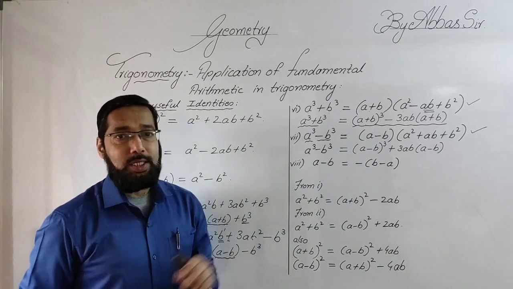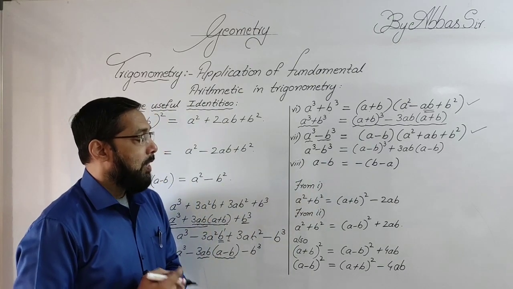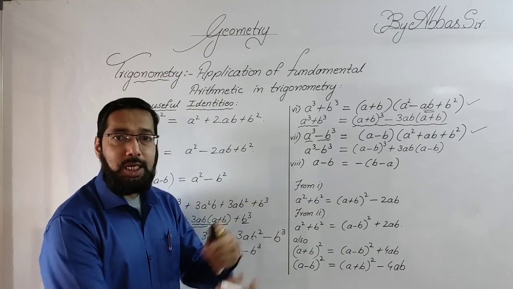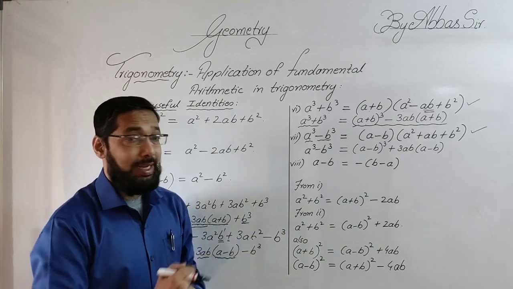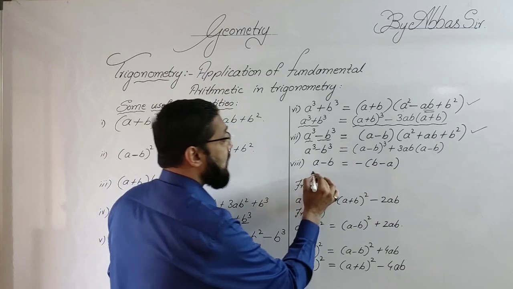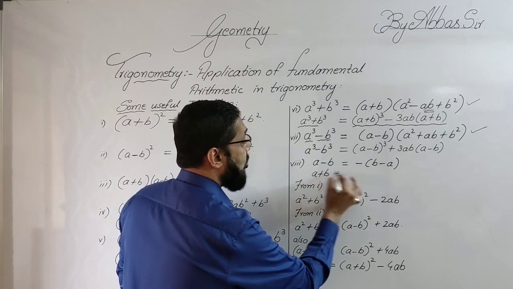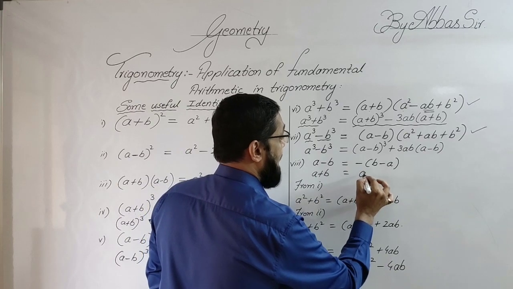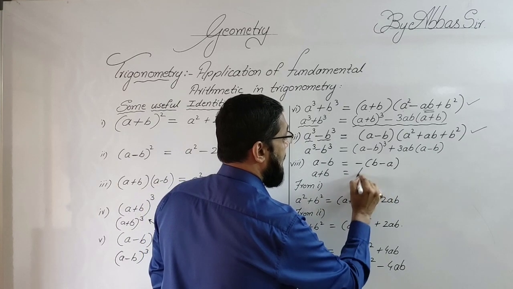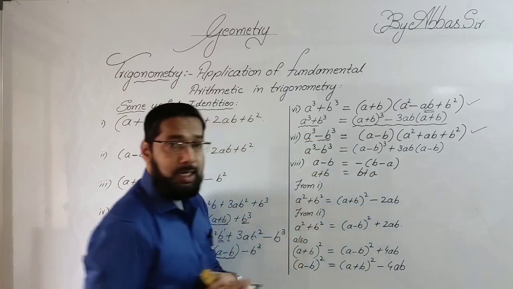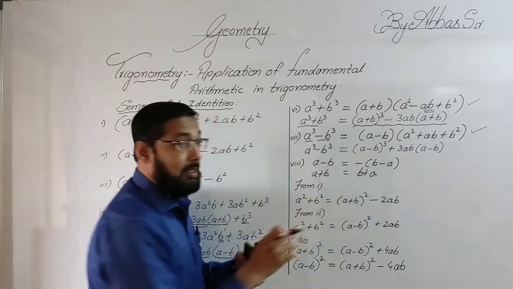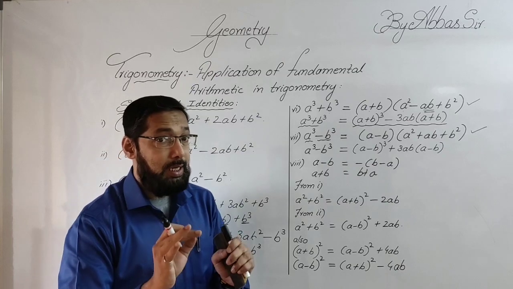Now, another thing you can see over here is how to interchange the terms when we are dealing with minus. Friends, if it is plus, we don't have any problem. You can always write a plus b as b plus a. But I cannot write a minus b as b minus a directly without making any change.